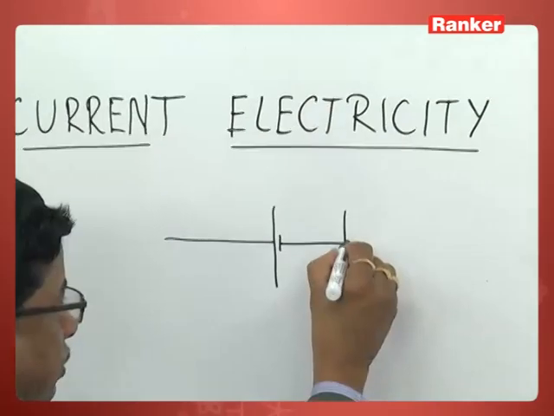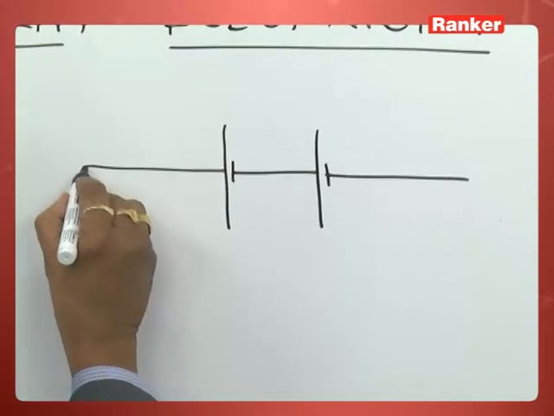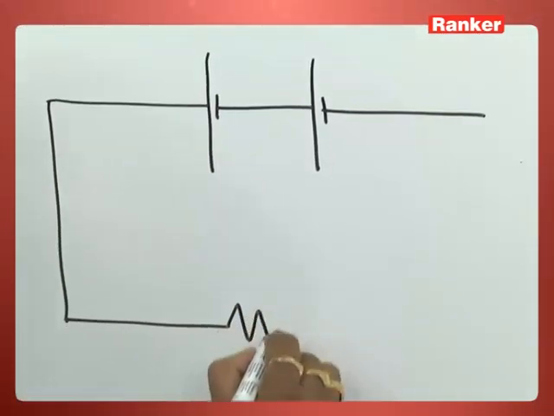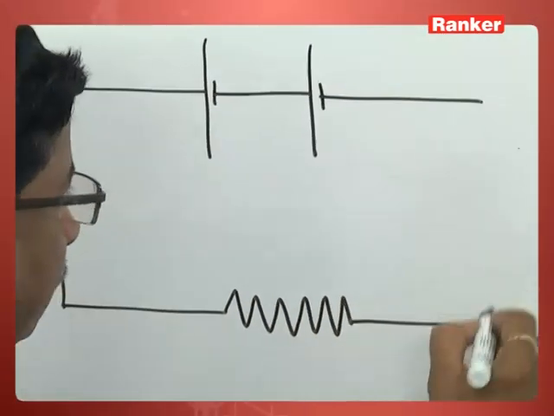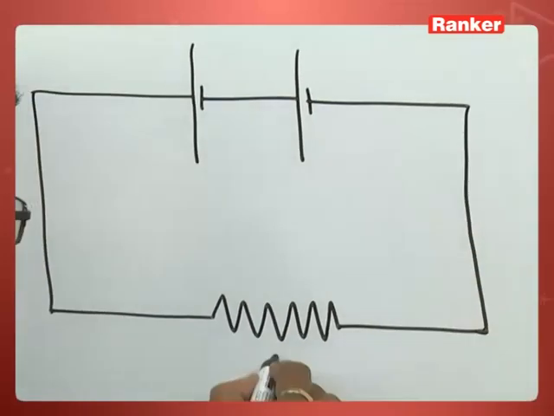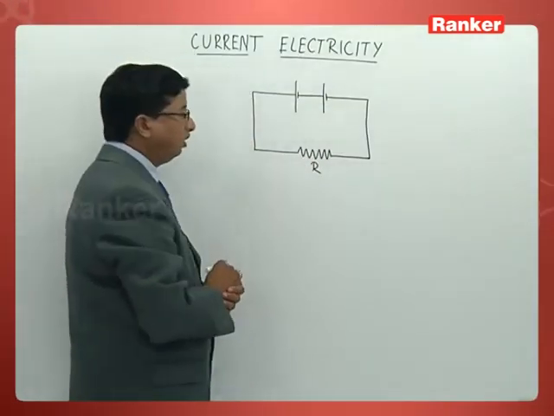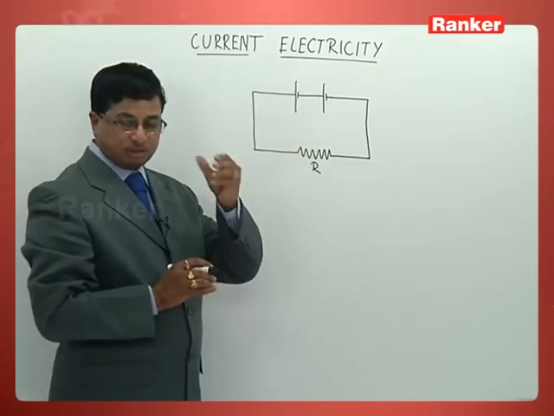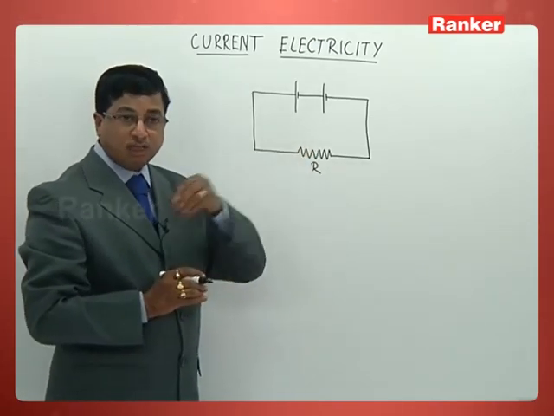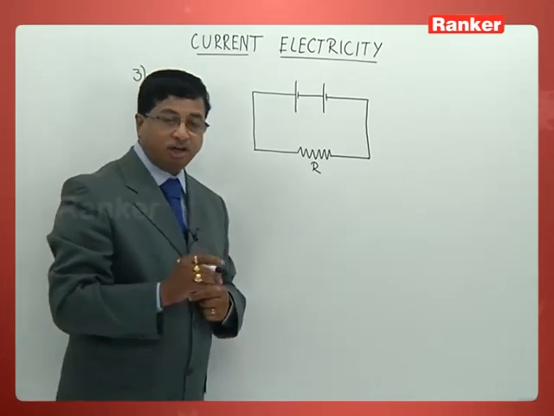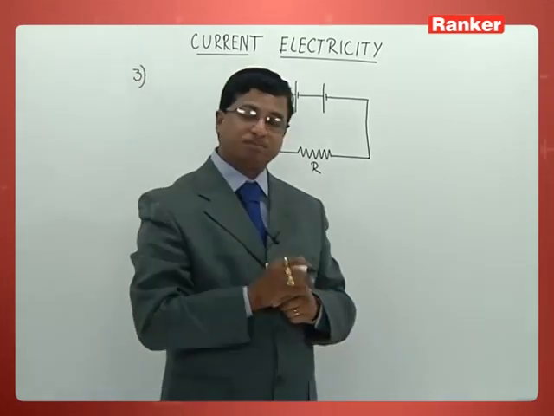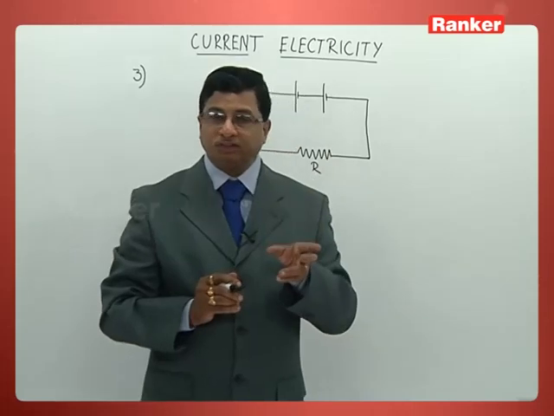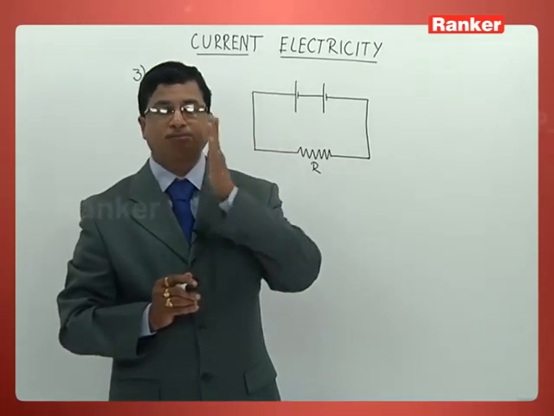There are two cells like this which are connected across an external resistance capital R like this. What is the description of these two cells or sources of EMF he has given? Try to look at the question once again. Two sources of equal EMF.